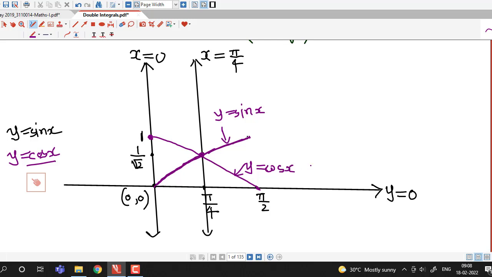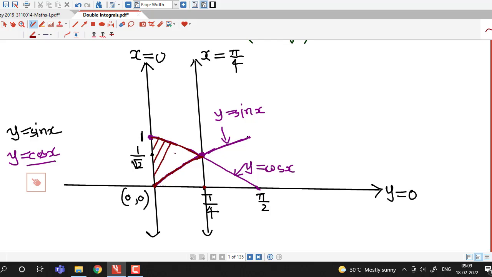Now we are interested in the area between x equal to 0 and x equal to pi by 4 only, and the area between y equal to cos x and sin x between x equal to 0 and x equal to pi by 4. So this is the boundary of y equal to sin x, this is the boundary of y equal to cos x, and we have to consider the area between 0 and pi by 4.